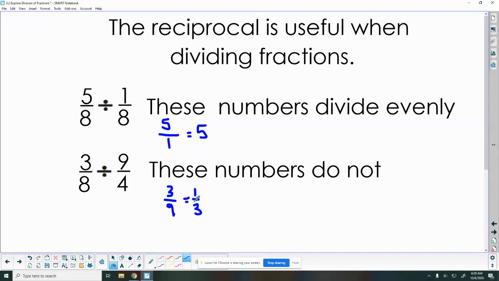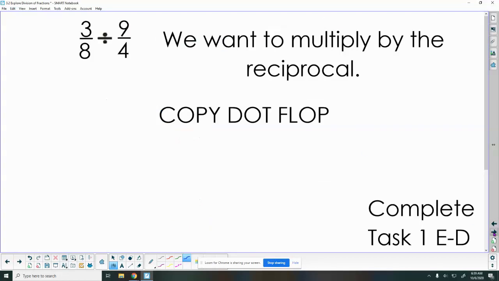That didn't end up in a nice whole number. 8 divided by 4 is 2, but I can't have 1/3 over 2. I can't have a fraction on top of a fraction. That just doesn't work. So that's where our multiplicative inverse or the reciprocal is going to come in handy.